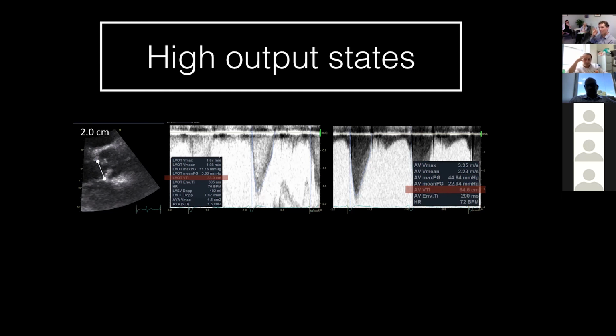I want the exact valve area. Tell me the equation that you'd use. So you'd still do the CSA, the surface area, multiplied by the VTI of the LVOT. But in the other example, you'd do it with the VTI at that particular area.